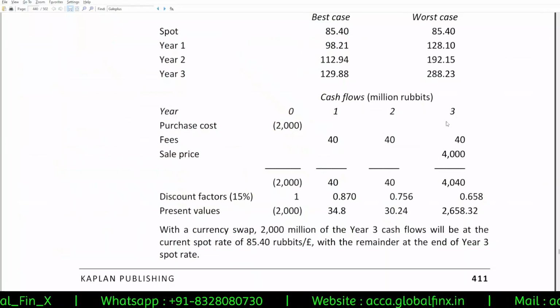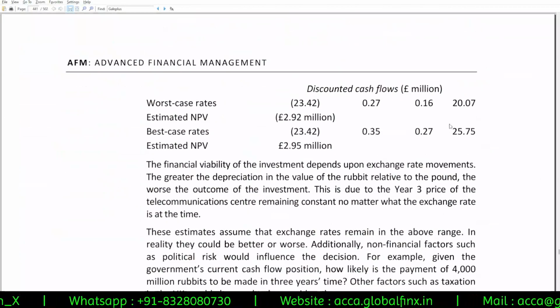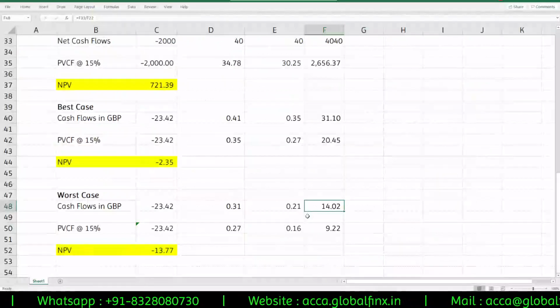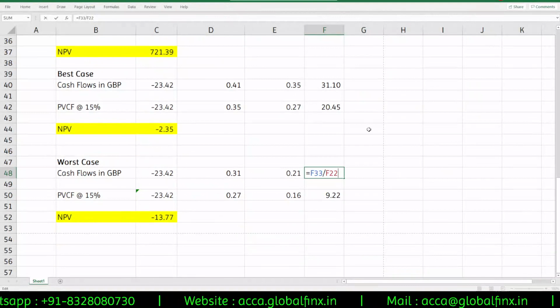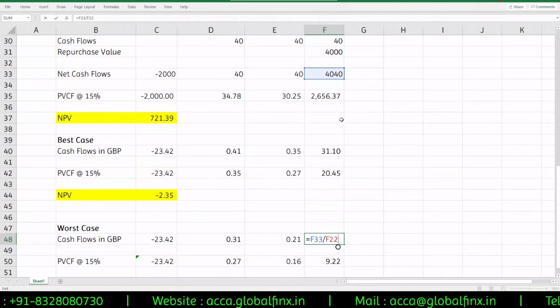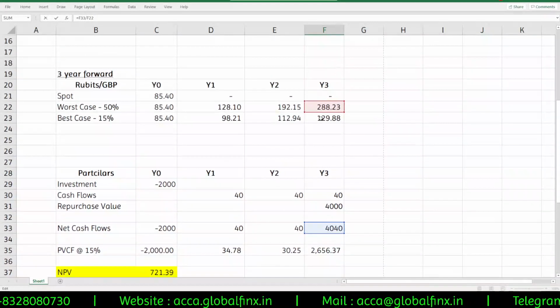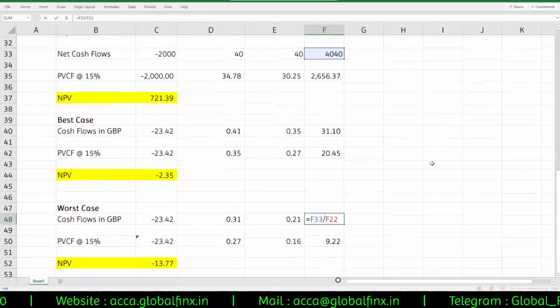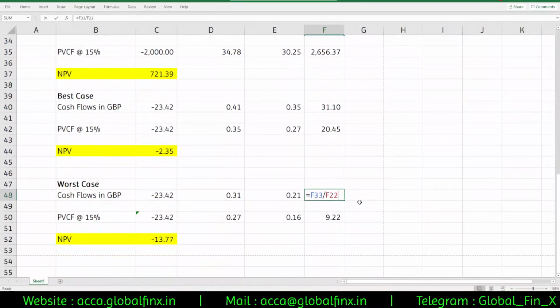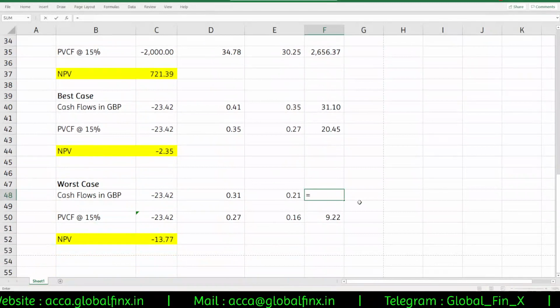But sir, worst case here, look at the third year now. It's 20.07 versus 14. So here there is definitely something wrong. The thing is, I took the entire 4040 and divided that by the worst rate. But 2000 out of that is protected actually, right? So I need to do a double calculation here.